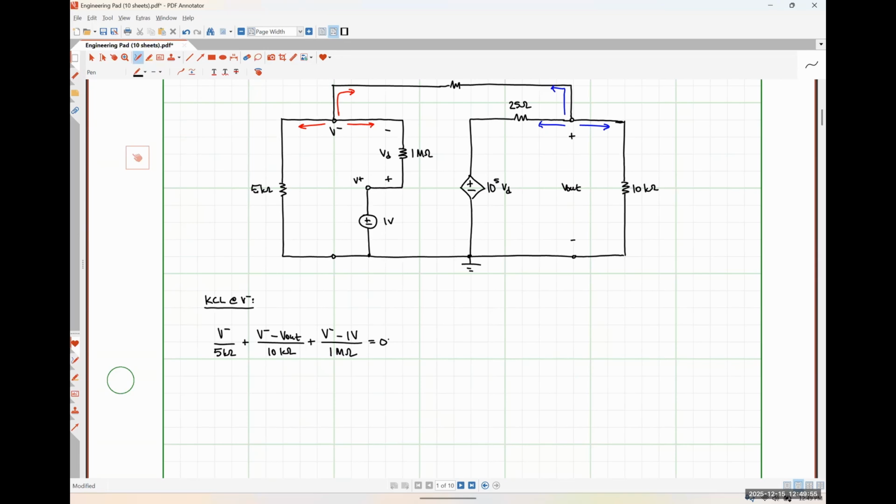Over here on the right-hand side, I'm going to apply KCL at my output node. So the current flowing to the left is going to be V out minus my open loop voltage gain, which is 10 to the 5, times my differential voltage. My differential voltage is going to be 1 volt minus V minus.